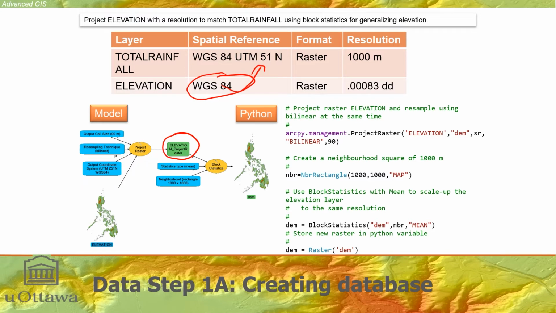And that layer then has to be aggregated. Now, the cells have to be aggregated to 1,000 by 1,000 meters. So we now have a bunch of 90 by 90 meter cells inside each 1 kilometer output cell that we want.